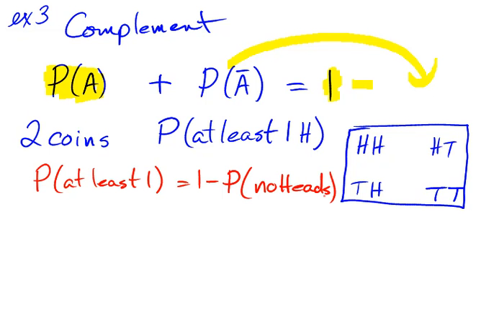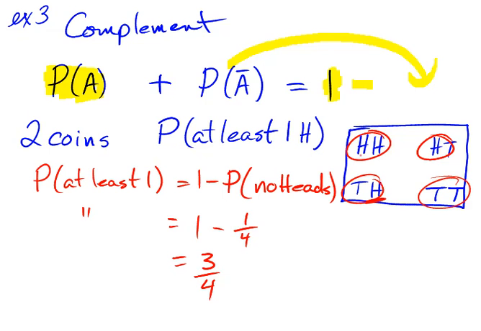Well, no heads only happens once. Out of all the 4 outcomes, it only happens once. So the probability of at least 1 head is equal to 1 minus 1/4, 1 out of 4, or 3/4. And that works out. We can see it here in this simple example because there are 3 ways that we get at least 1 head.